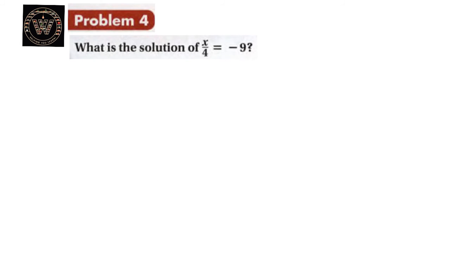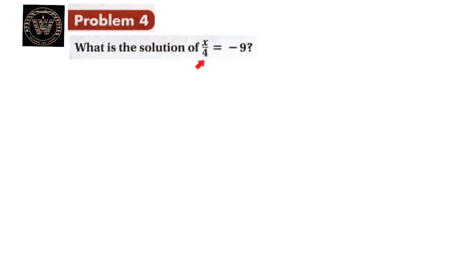Let's try this. What is the solution of x divided by 4 is equal to -9? If we have to solve for x, we must keep the x alone. And over here, x is divided by 4. How will you remove division? It's by multiplication.